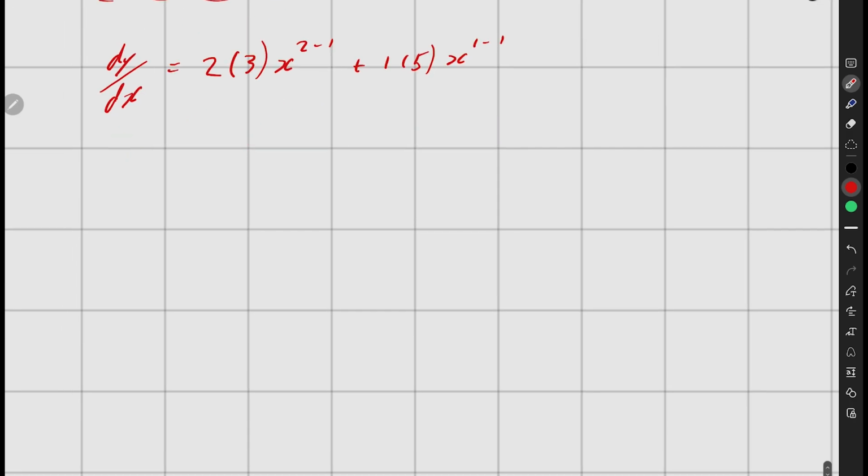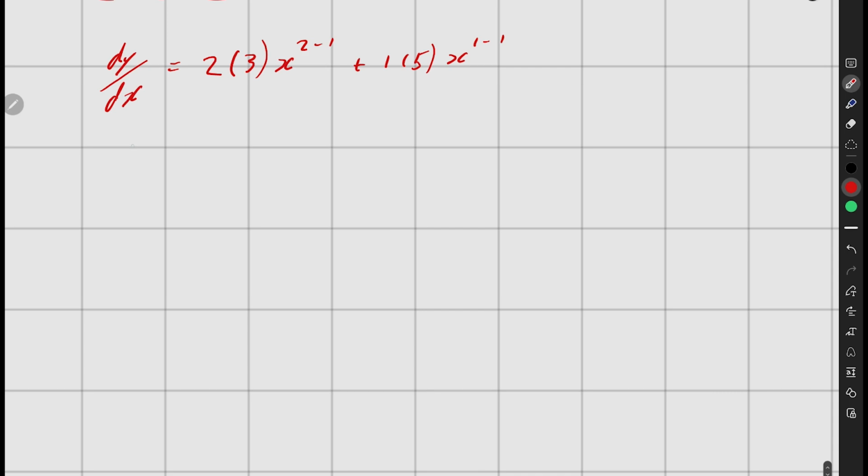So, what do we get once we do this? We're going to have our function of dy over dx is going to be equal to 6x, 2 minus 1 is just 1. I'll write 1 up there, you don't need to though, just for the sake of this video, to help you get a better understanding of what we're doing. Then we're going to do plus 5 times 1 is just 5. We're going to have x to the power of 0. And I hope you know this, but if not, I'll explain it.